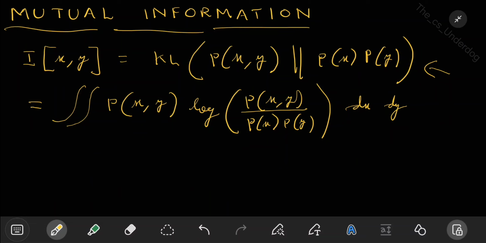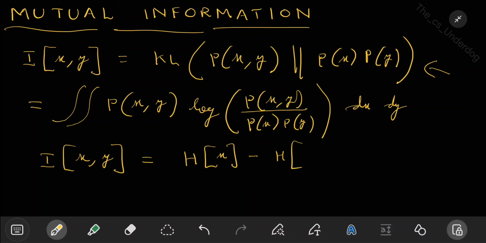One more thing is that mutual information can be calculated from entropy. We had seen that information is always denoted by entropy, and this mutual information I of xy can also be calculated as entropy of x minus entropy of x given y. This is another way of calculating mutual information.